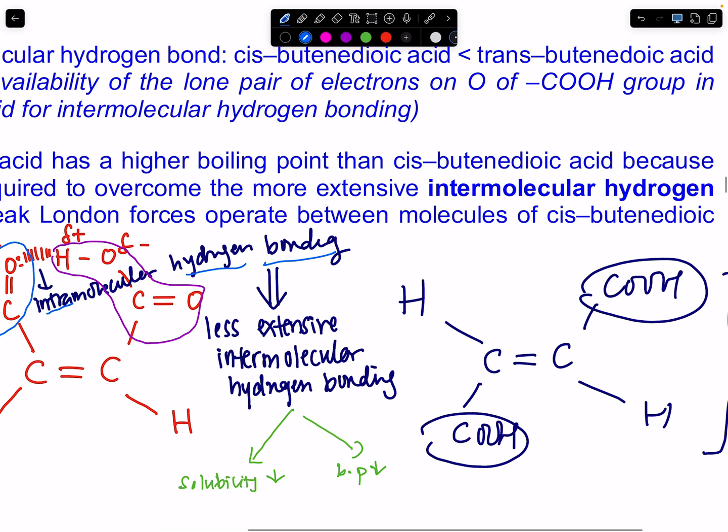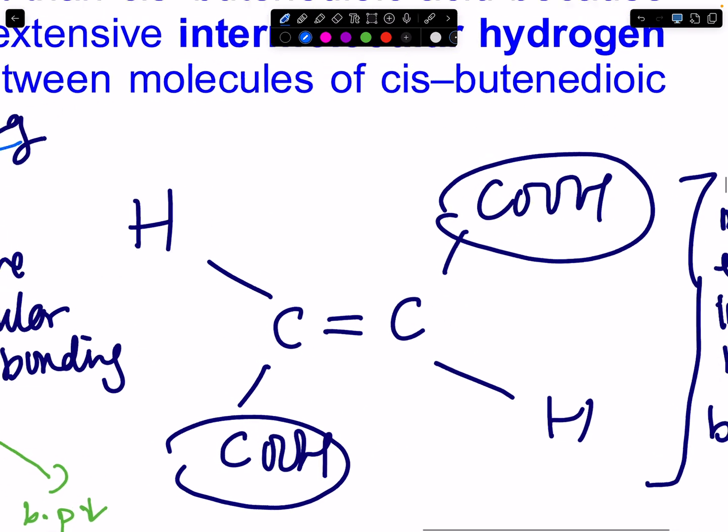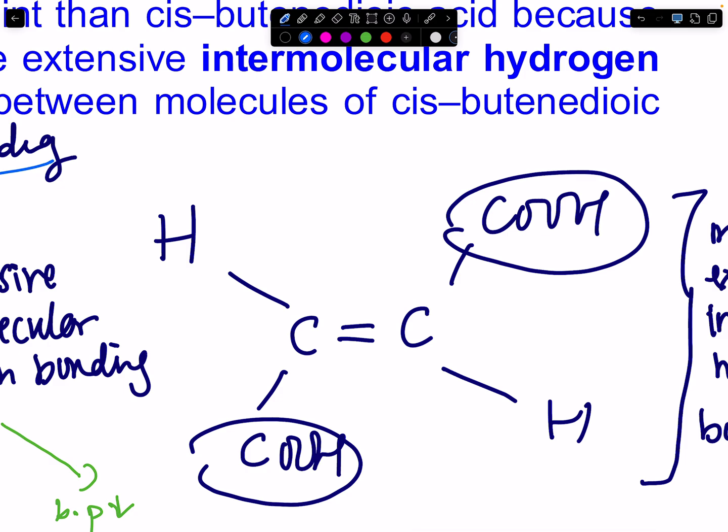However, guys, when your two functional groups are very, very far apart from each other, like this, you can see in trans, they are very, very far apart. The two COOH groups are very far apart. What's the significance, guys, when the two COOH groups are very far apart? That basically tells us that no intramolecular hydrogen bond is going to be formed.